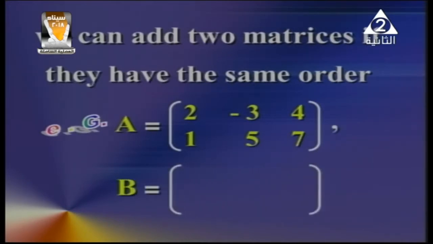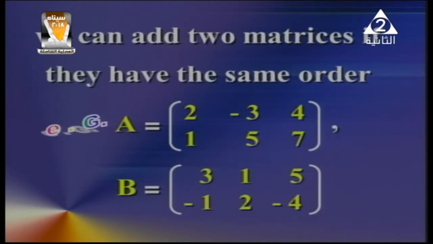Another matrix B: 3, 1, 5 in the first row, -1, 2, -4 in the second row. Look, the two matrices have the same order. We can add or subtract.